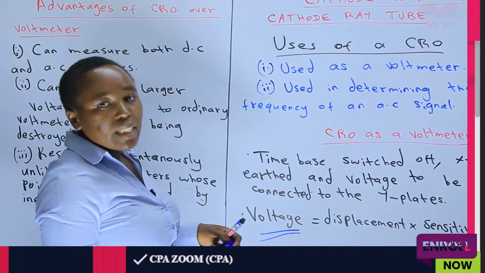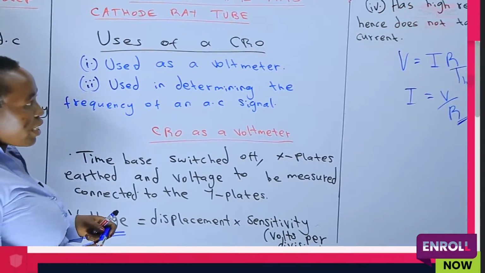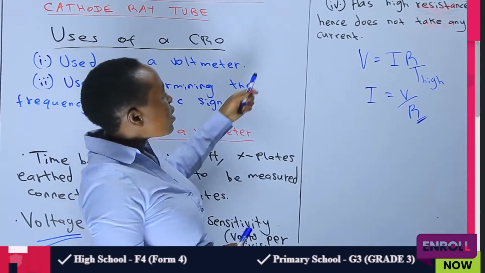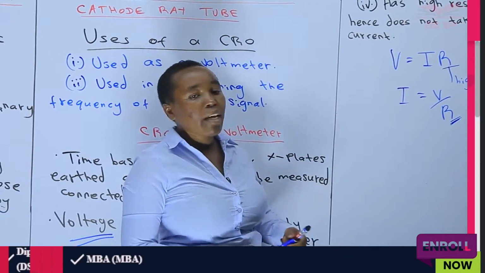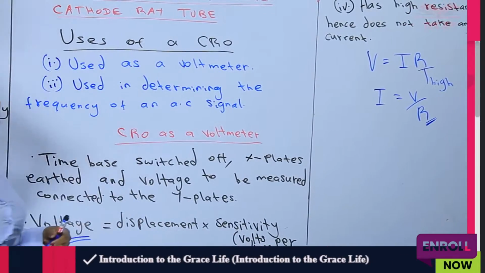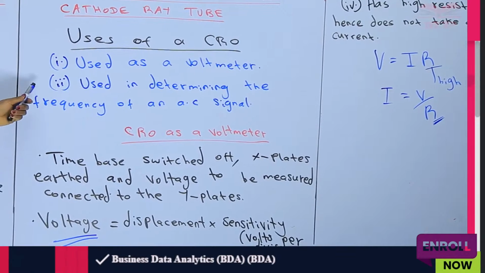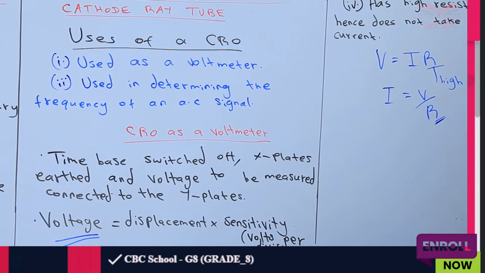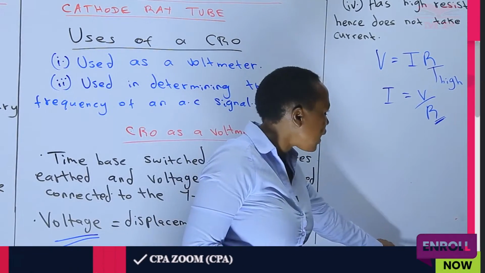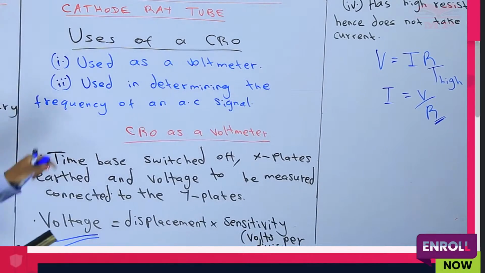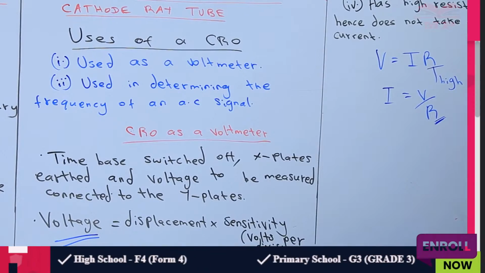And it has infinite resistance, hence it does not take any current away. So we want to look at the other use of a CRO, use number 2, where it is used in determining the frequency of an alternating current signal.